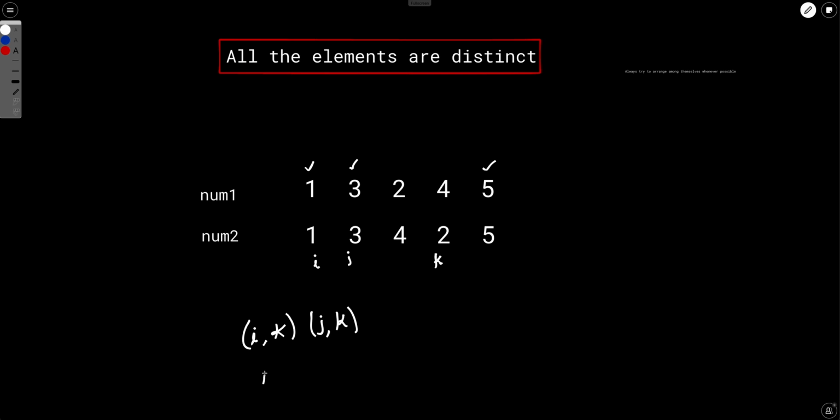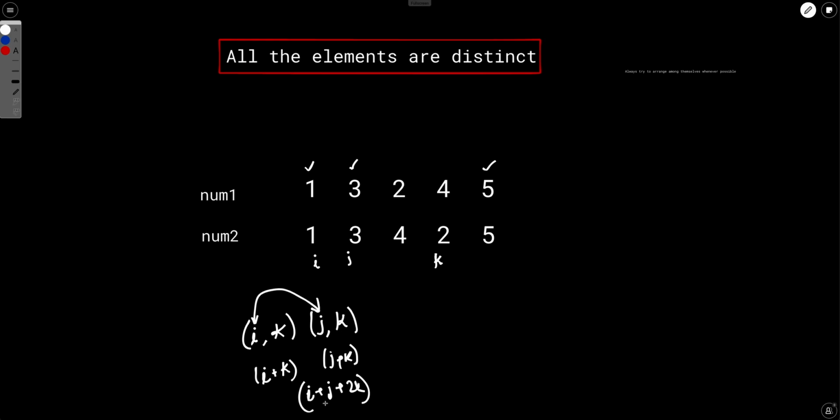The reason being, this will cost you i plus k, right? And this swap will cost you j plus k. So in total, your cost is equal to i plus j plus 2k. Now, how about you just swap i and j by themselves, in one operation?